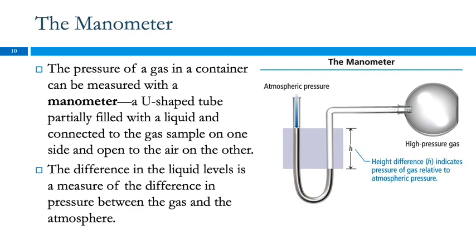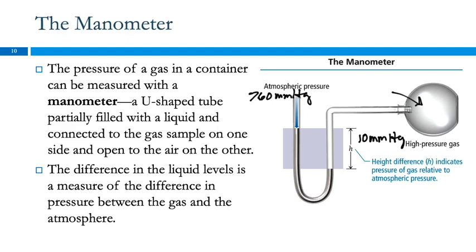So if atmospheric pressure here is 760 millimeters of mercury, and this distance is, say, 10, let me write that down because I'll forget what I just called it. Let's say this is 10 millimeters of mercury. If the pressure outside is 760 millimeters of mercury, that means that the pressure in here is this much more than that, right?